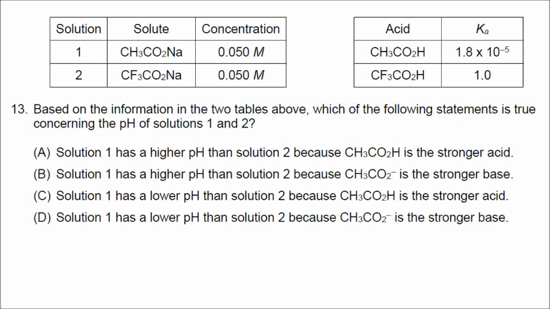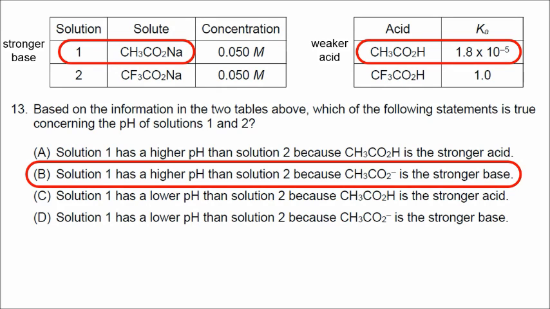Well, who's the stronger acid? CF3CO2H. Since CH3CO2H is the weaker acid, that must mean that CH3CO2Na is going to be the stronger base. So solution 1 would have a higher pH because CH3CO2- is the stronger base.